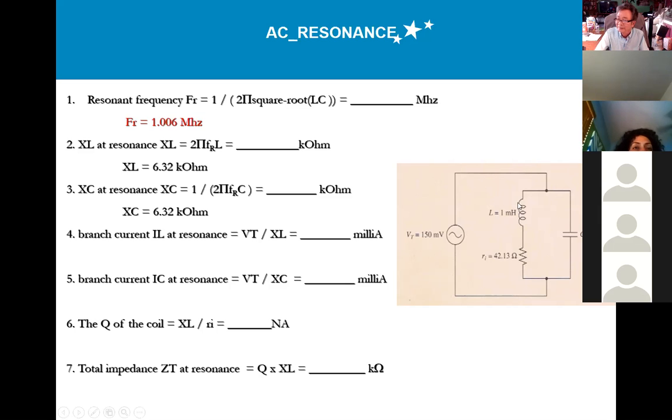The thing is, IC and IL are opposite. Now they want to calculate the branch current IL, 23.73 microamp. And number 5 will be the same current, only they are opposite. So that's why the line current is 0. They also want to calculate the Q, and the total impedance.